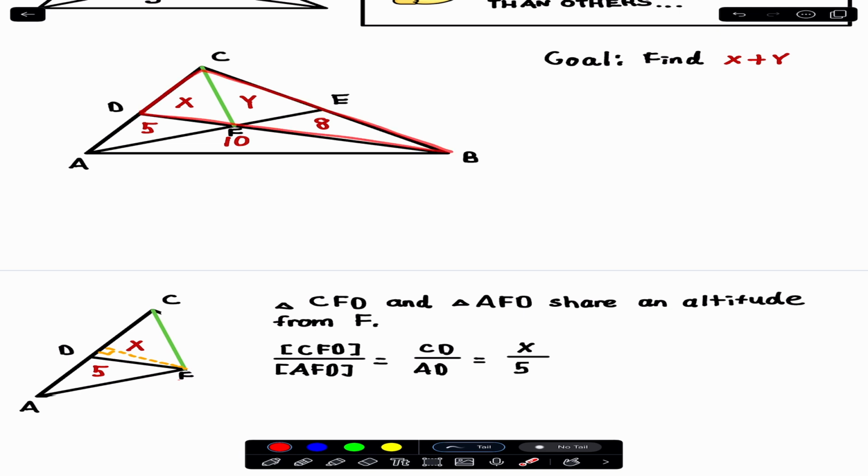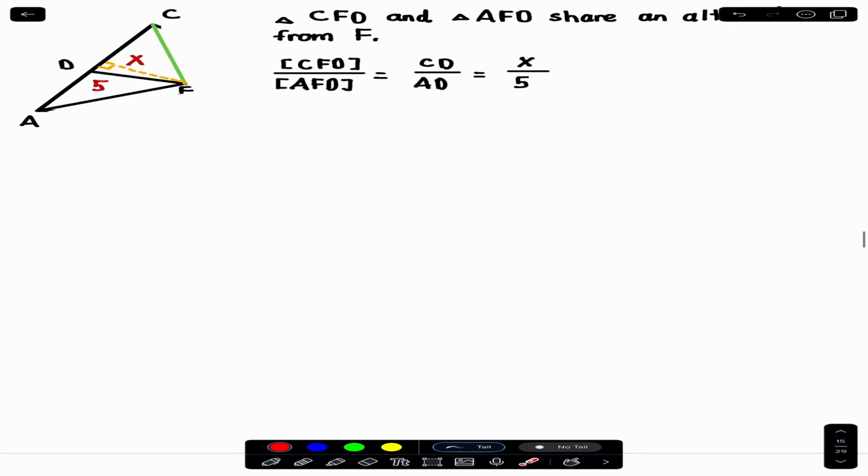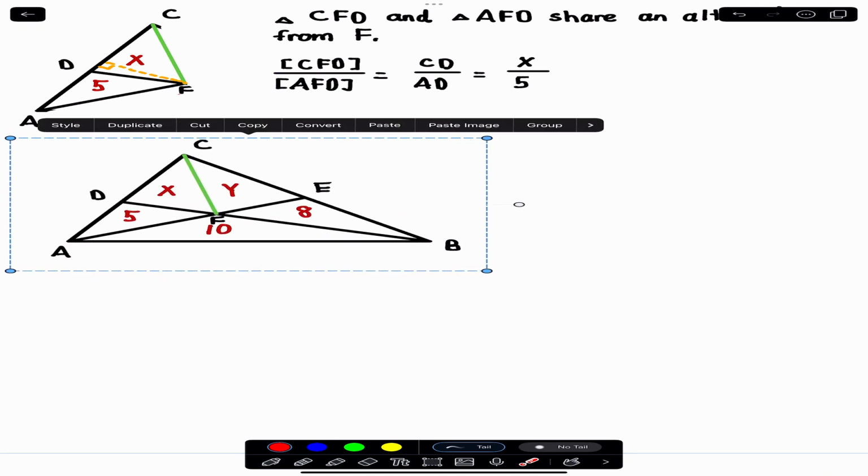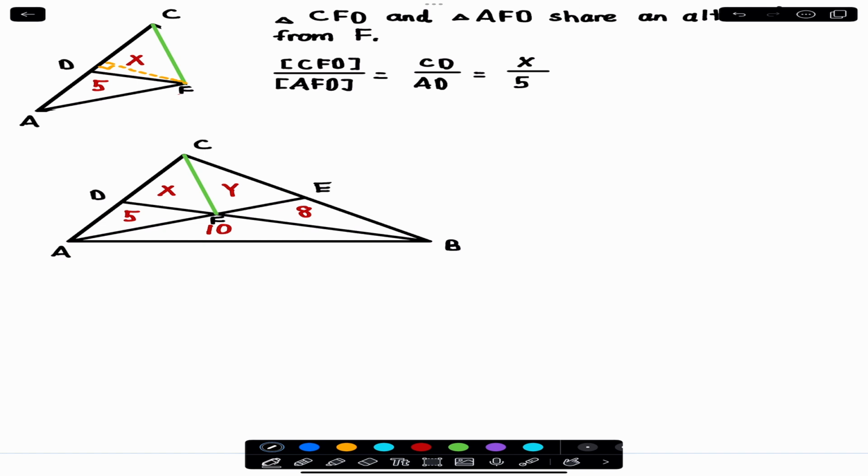We can also look at these two giant triangles, because you can see they're both sharing an altitude coming from point B. So let's do that. I've already highlighted it before, but it's these two triangles. So let's write that one out as well.